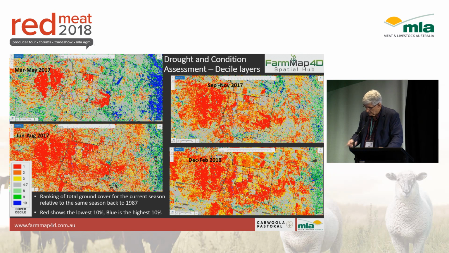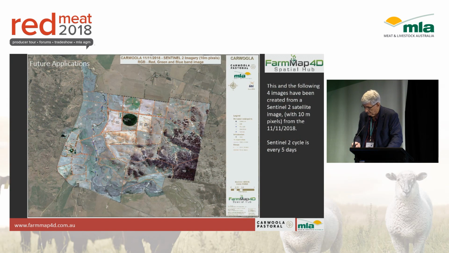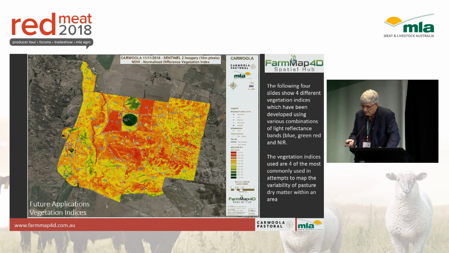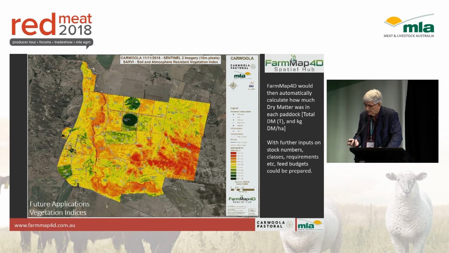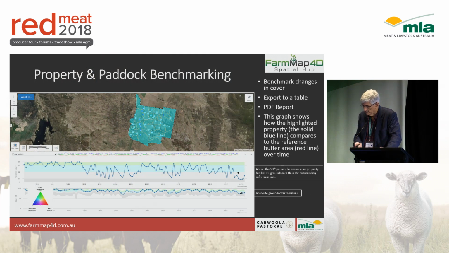In terms of Koala, this is indicating that over a 30-year period, last year and this year on Koala and to the west was the worst in that 30-year period. There are various other ways of interpreting data and looking at your situation. All these maps have been done for Koala.